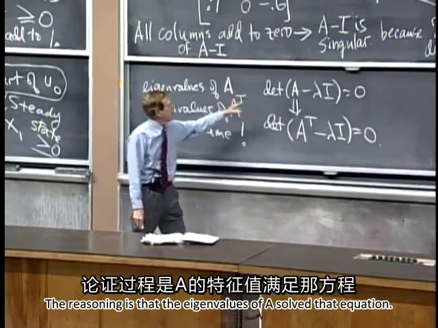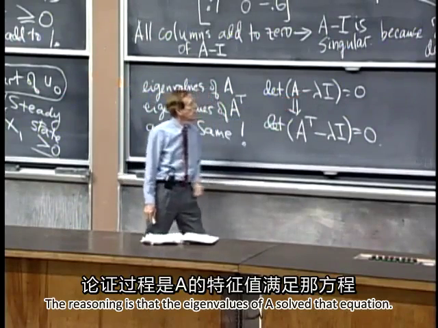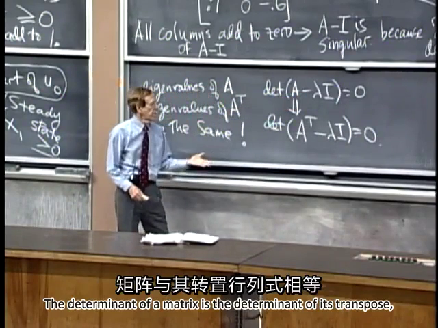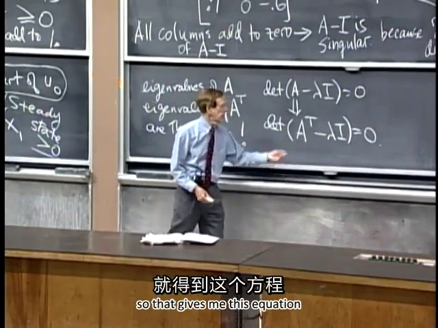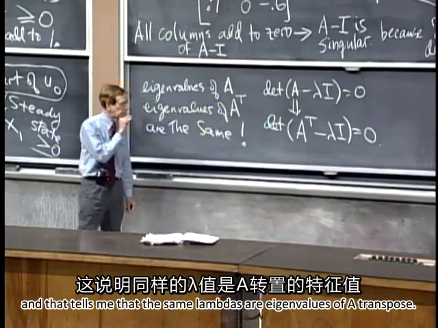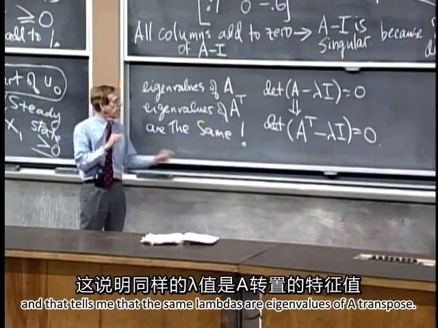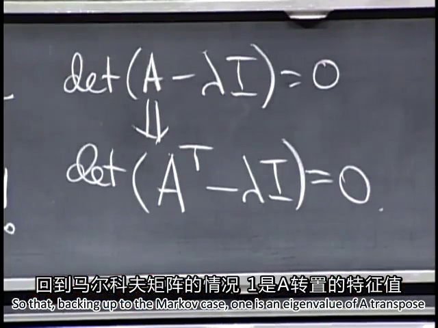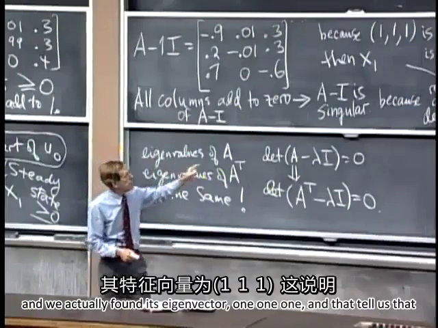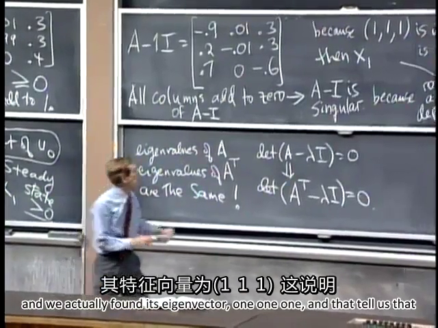So that's all there was to the reasoning. The eigenvalues of A solve that equation. The determinant of a matrix is the determinant of its transpose. So that gives me this equation, and that tells me that the same lambdas are eigenvalues of A transpose. So backing up to the Markov case, 1 is an eigenvalue of A transpose, and we actually found its eigenvector, 1, 1, 1.